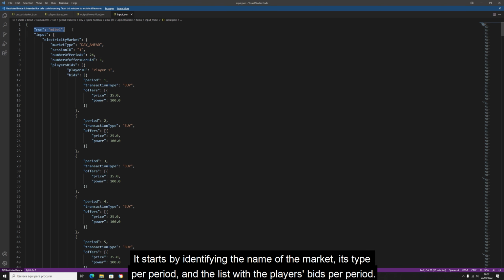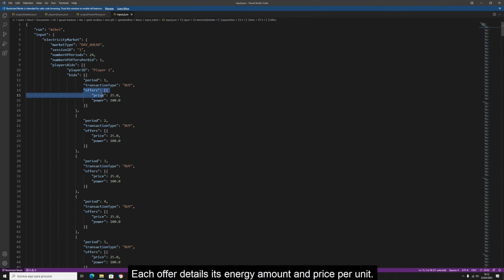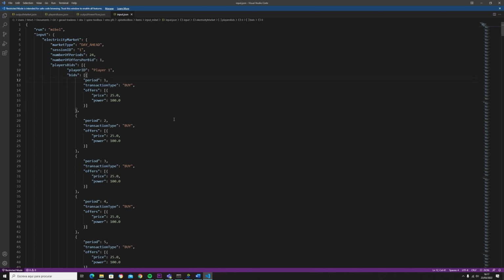It starts by identifying the name of the market, its type per period, and the list with the player's bids per period. Each bid specifies the period number, the type of transaction, i.e. buy versus sell, and a list of offers. Each offer details its energy amount and price per unit.